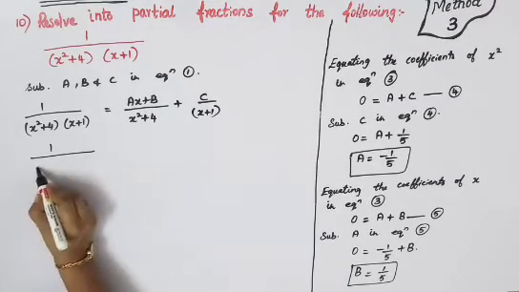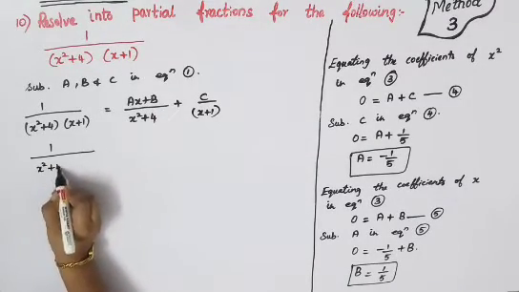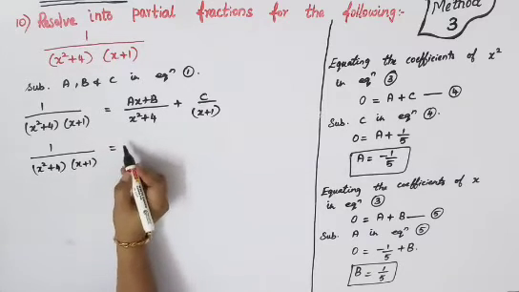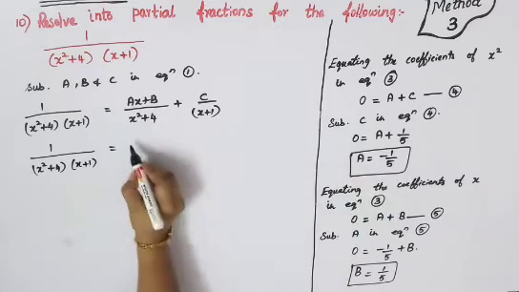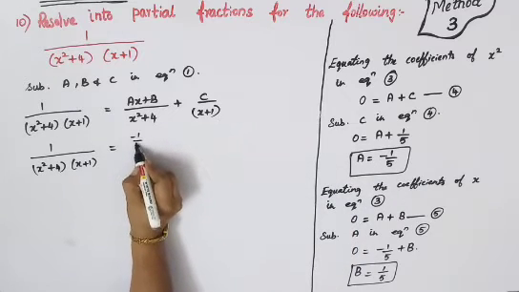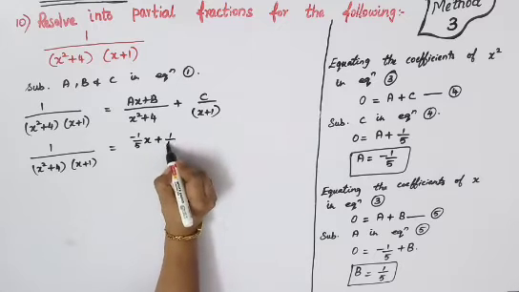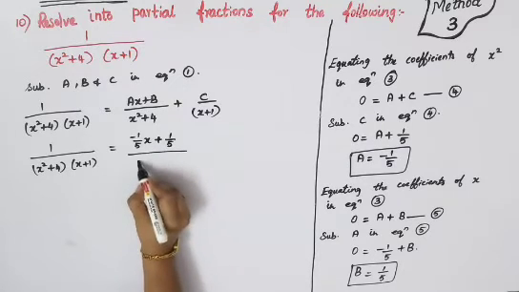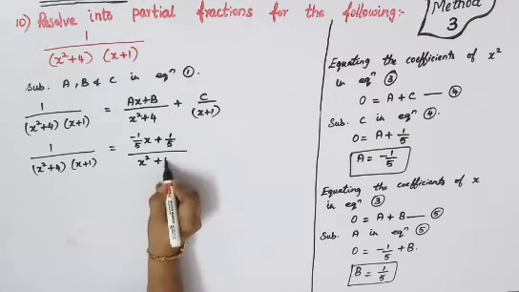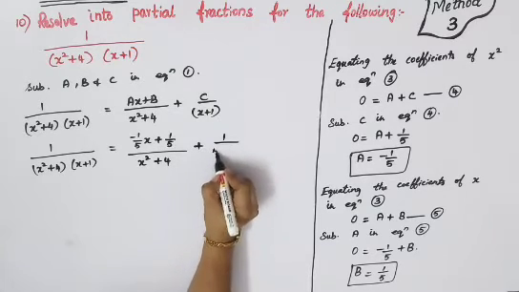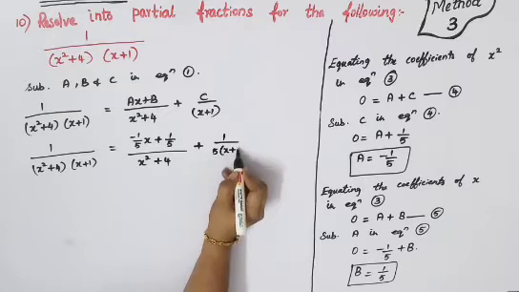Your left hand side is there as it is, which is equal to, your a is minus 1 by 5. So minus 1 by 5x plus b is 1 by 5, divided by x square plus 4, plus your c is 1 by 5 into x plus 1.